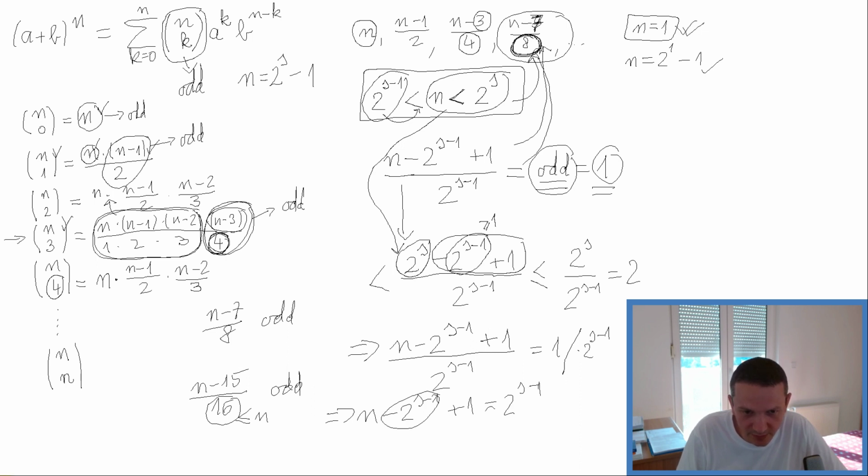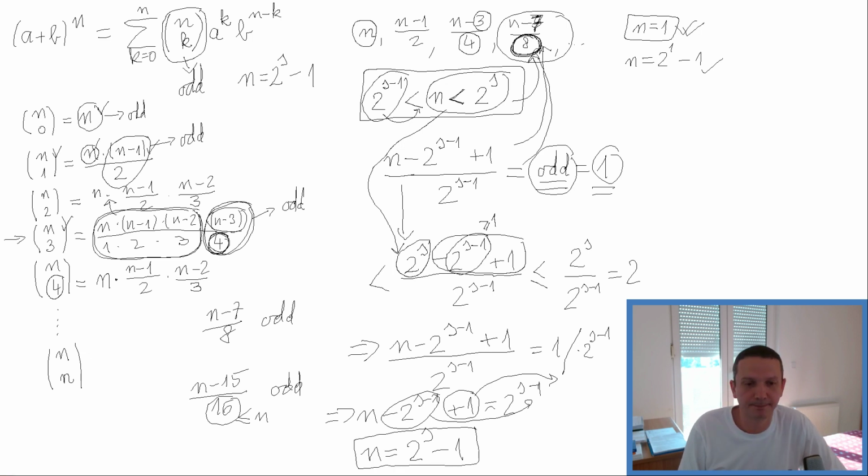When we put this to the other side, we obtain just what we claimed, that n is 2 to the power of s. Yes, we also need to put this plus 1 to the other side as minus 1, so n is equal to this guy here. Okay, we proved now one implication.